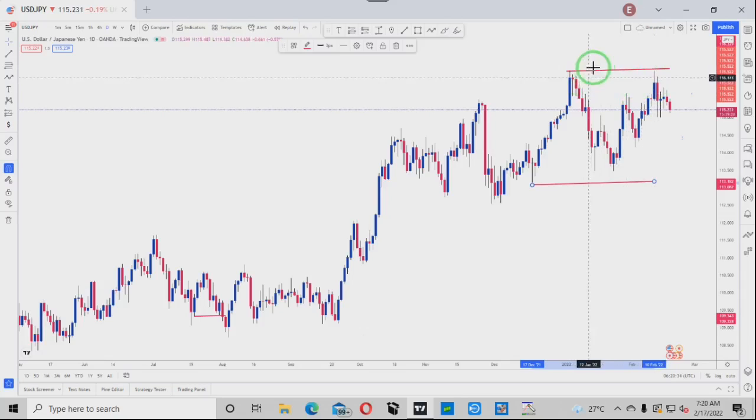Because of this liquidity that is resting above here. Be sure that the smart money can push price down a bit for retail traders to think that price was going down. But ultimately, they have an objective to come back up here to clear the liquidity resting above this high. But we are not going into that in this course.